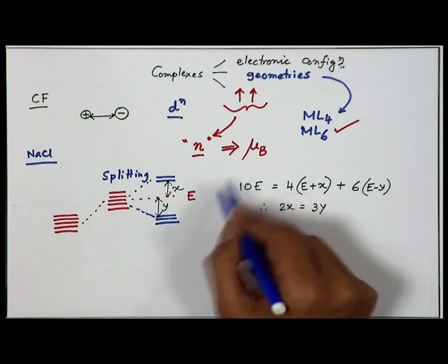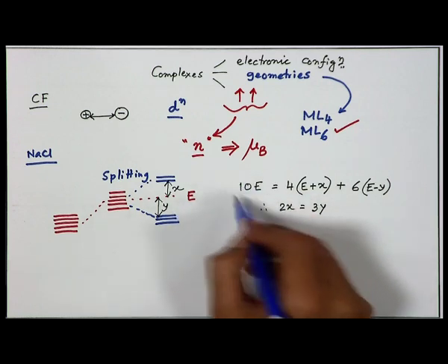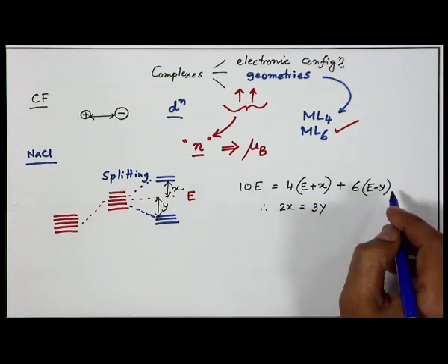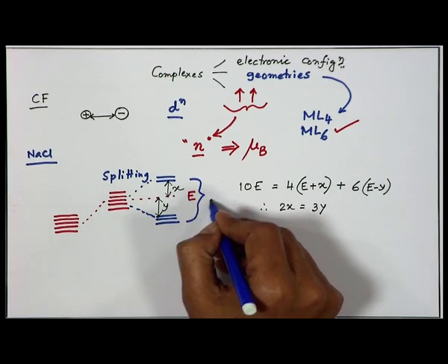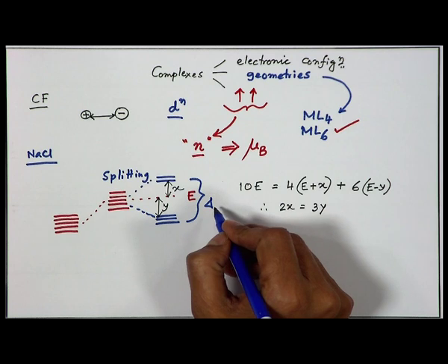On the left hand side we have the before splitting condition, and on the right hand side after splitting, and we all know that this is the crystal field splitting.